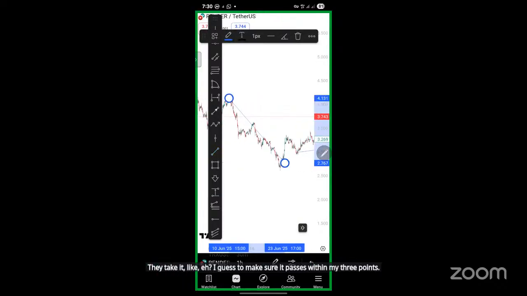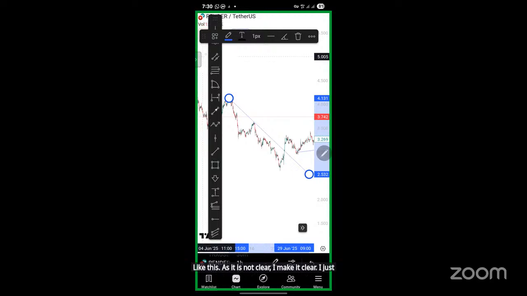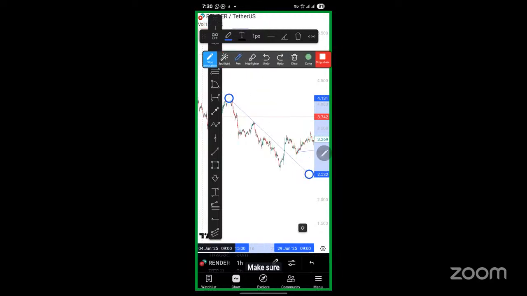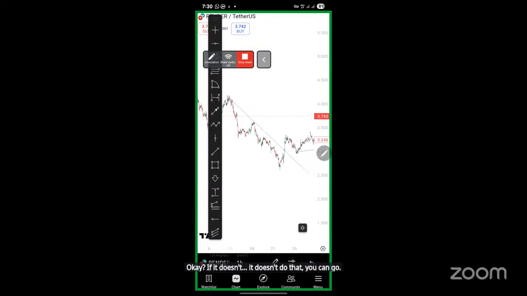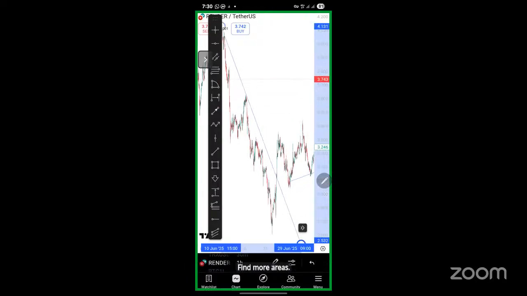Once it is not clear, I make it clear. If you are drawing your trend line to be perfect, make sure it at least touches the 3 points, 1, 2, 3. If it doesn't do that, you can go and find more areas.